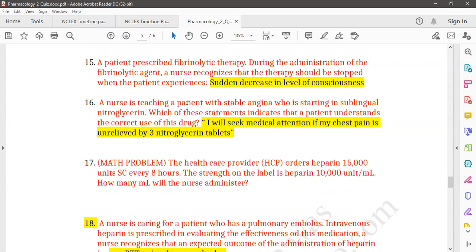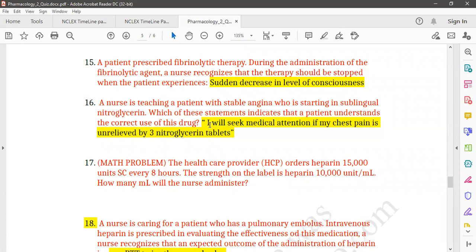The nurse is teaching a patient with stable angina who is starting sublingual nitroglycerin. Which of these statements indicates that the patient understands the correct use of nitroglycerin? Nitroglycerin is the drug of choice for angina, and it is used sublingually.